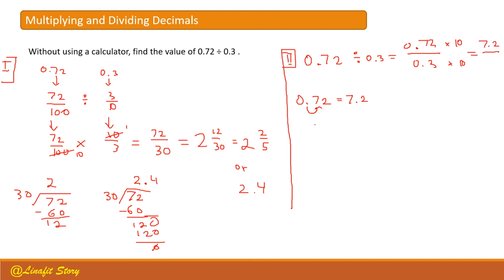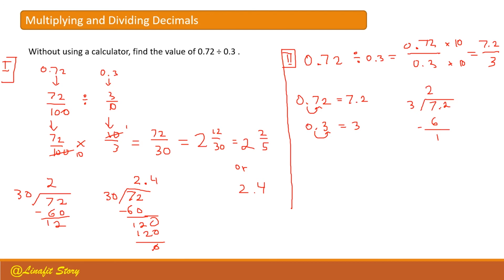Next, 0.3 times 10. How many zeros are there in 10? Only one zero. So you move the decimal place to the right one step. So the answer is 3. So over here, 7.2 divided by 3. 3 times 2 is 6. 7 minus 6 is 1.